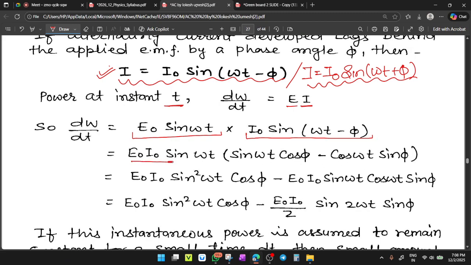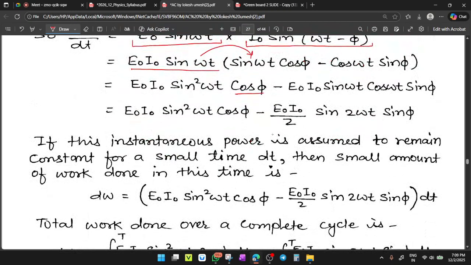Now, if you open this, sin omega t gets multiplied by this sin omega t. Here you will have E naught I naught sin square omega t cos phi minus E naught I naught sin omega t cos omega t sin phi. Clear?